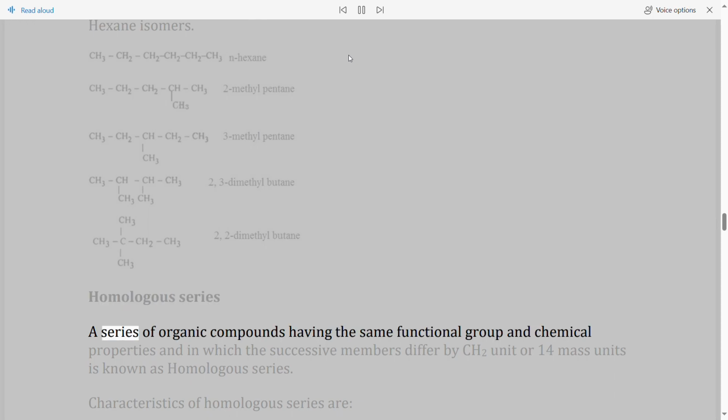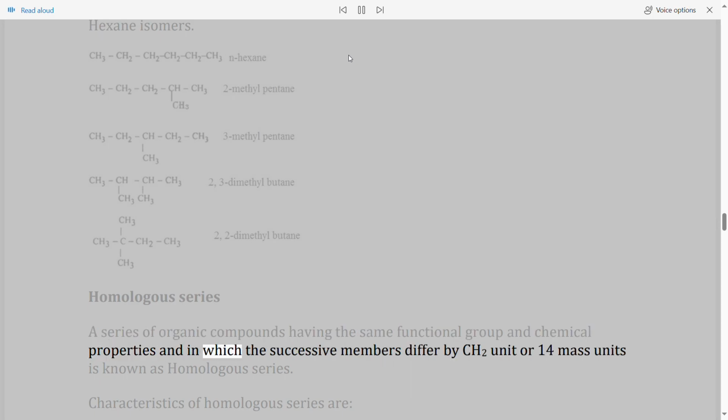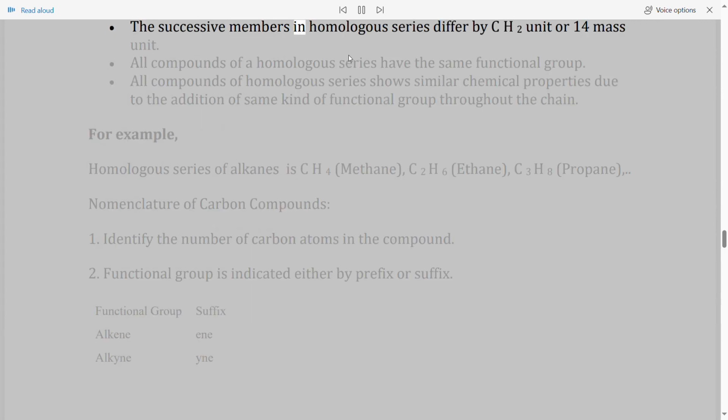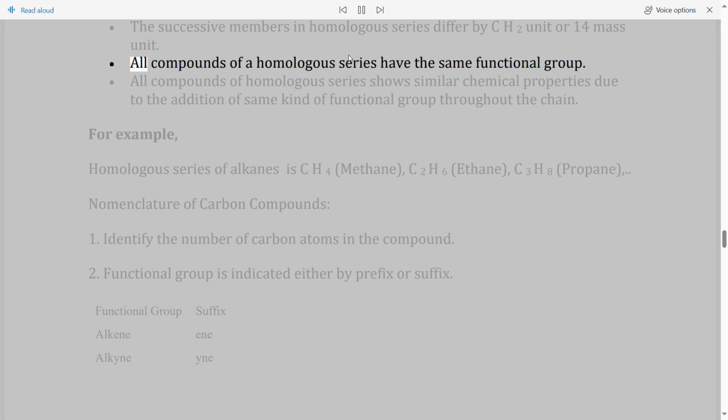Homologous series. A series of organic compounds having the same functional group and chemical properties, and in which the successive members differ by a CH2 unit or 14 mass units, is known as a homologous series. Characteristics of homologous series: one, the successive members differ by a CH2 unit or 14 mass units. Two, all compounds of a homologous series have the same functional group.